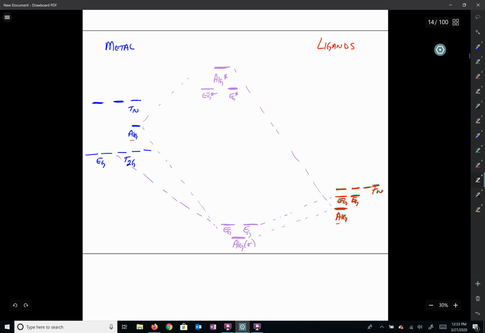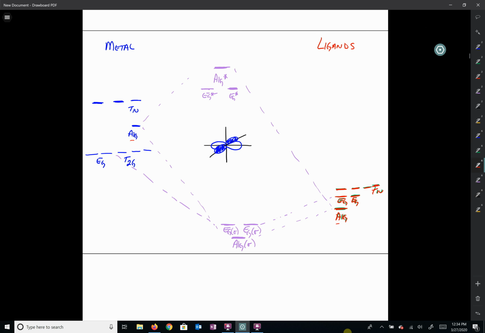Can you guys maybe draw what these EG orbital bonding combinations would be? Remember, my EG comes from my x squared minus y squared and my dz squared. So let's do the x squared minus y squared here. There's my axes. Remember, it's an on-axis orbital.